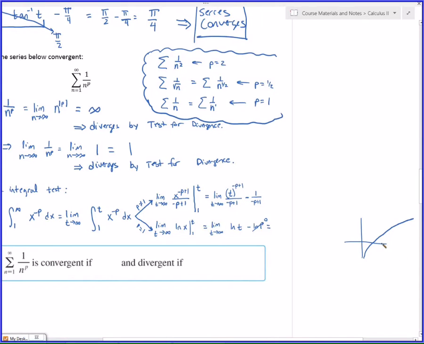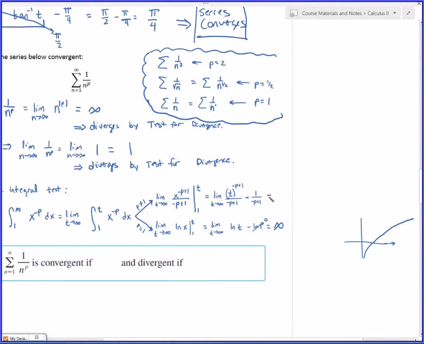What's it doing as you go out to infinity? It looks like it's leveling off, but it actually never does. It goes up forever. This is infinity. So that tells you right away, if p is 1, it diverges.